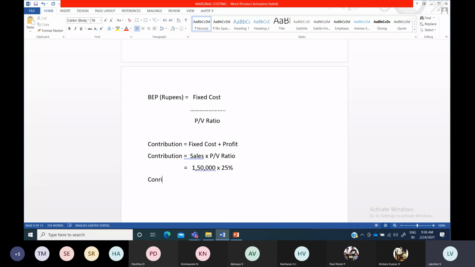Now just find out how much contribution amount you are getting, and mention it in rupees. Just find out 1,50,000 into 25%. 37,500, ma'am. Yes, 37,500.